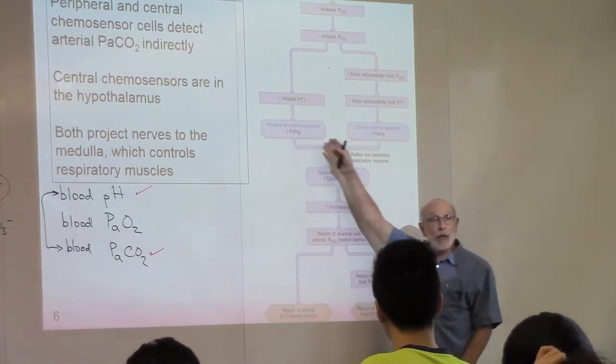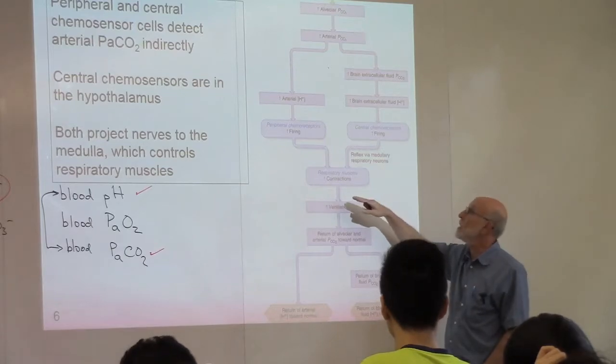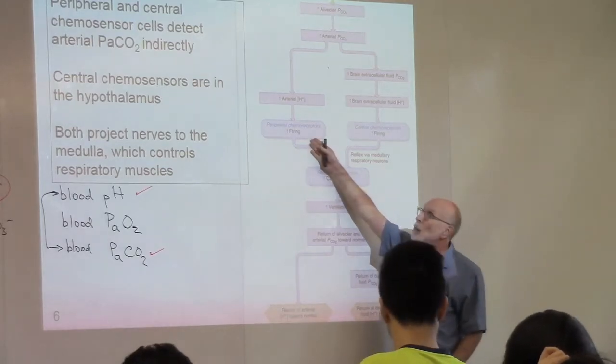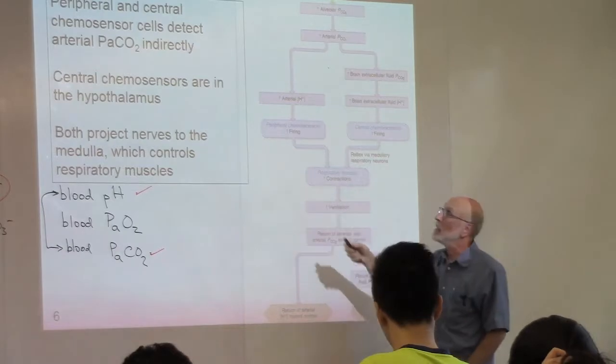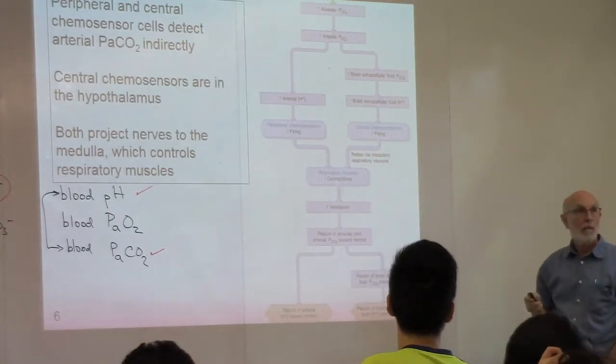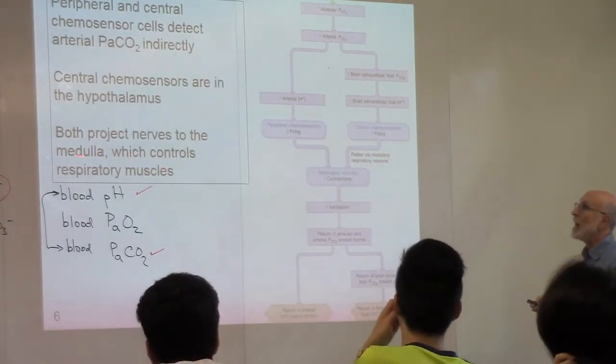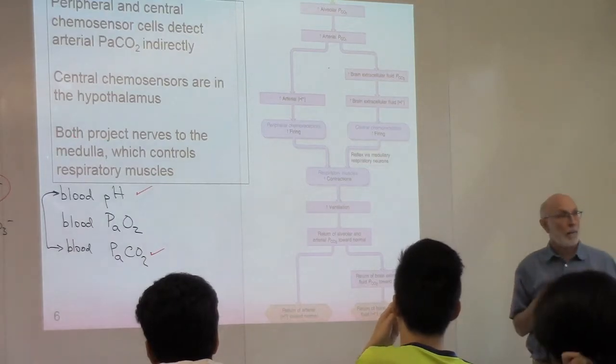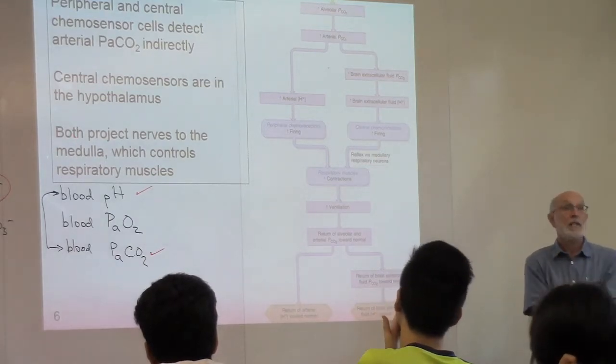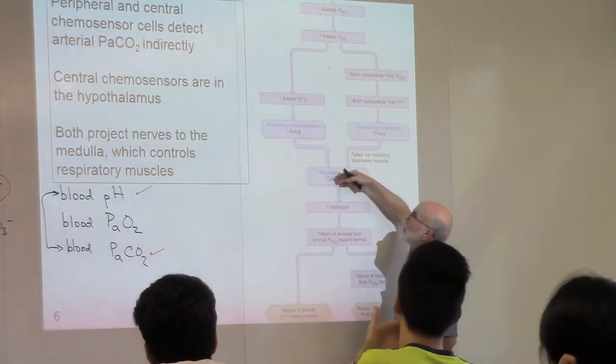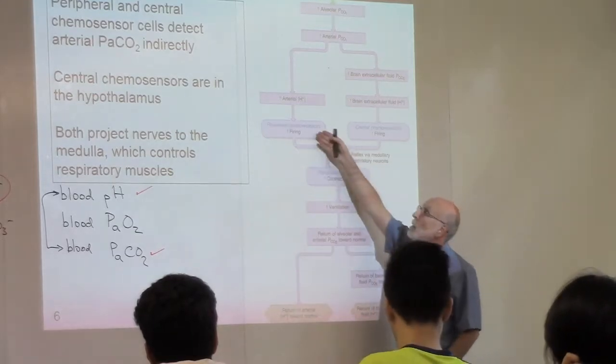So we have an increased action potential frequency going to the medulla. I'm not going to teach much in the way of neuroanatomy, but those of you who've had neuroanatomy should know that the medulla oblongata is the place where this control is done.